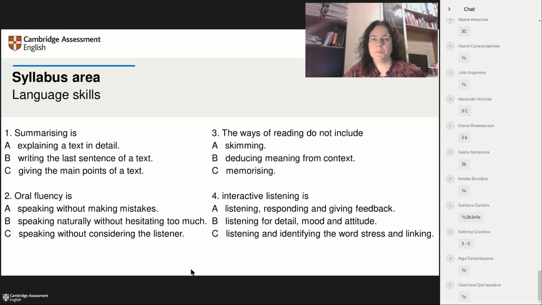Great. Okay, I can see that some of you have already identified not in question number 3, and you can focus on the right answer, which is an odd one out. Very good. Okay, so well done.